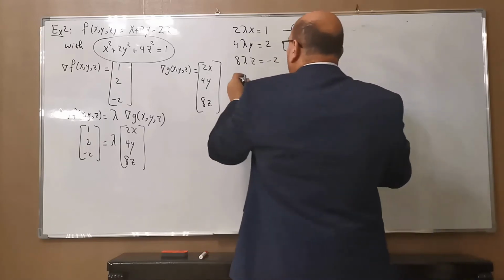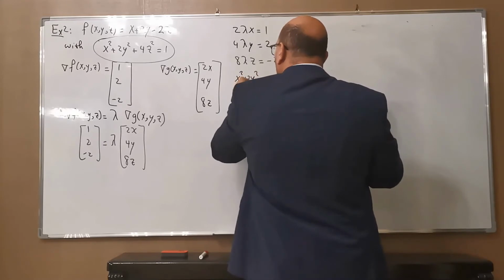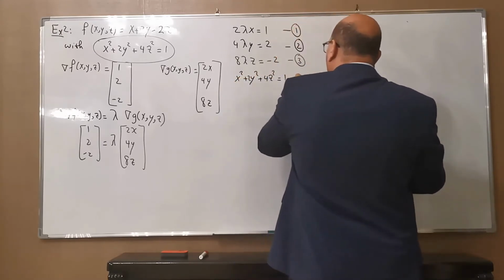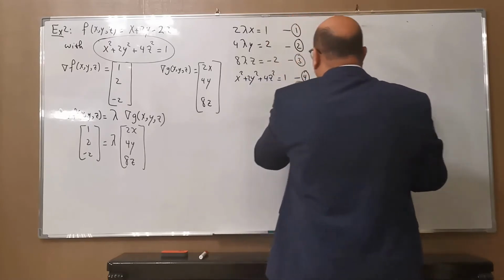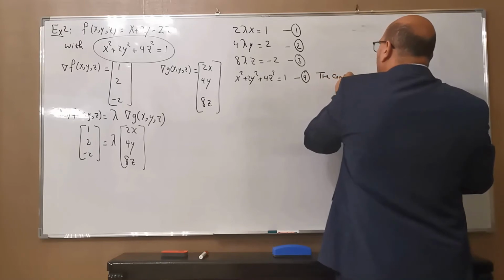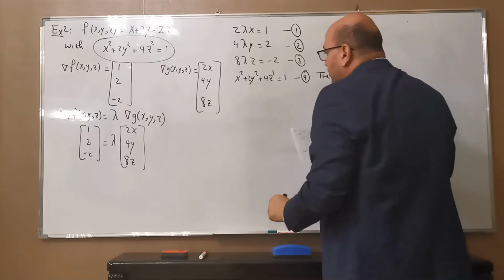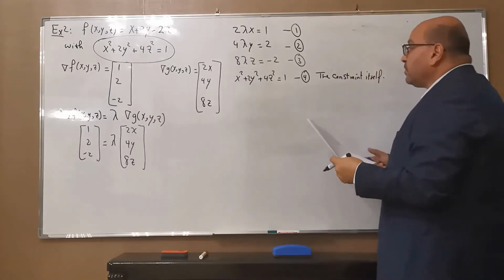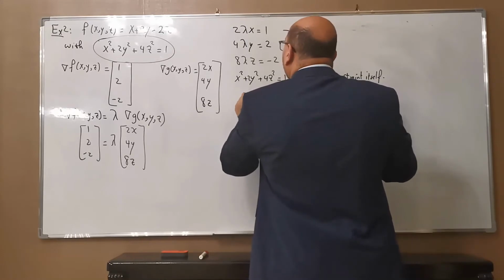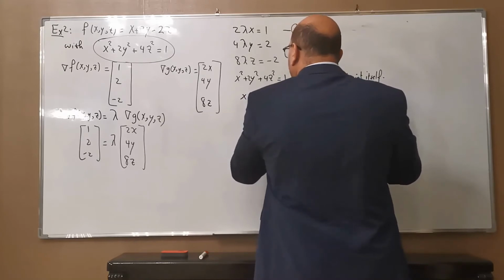And the fourth equation is x squared plus 2y squared plus 4z squared equals 1, which is the constraint itself.